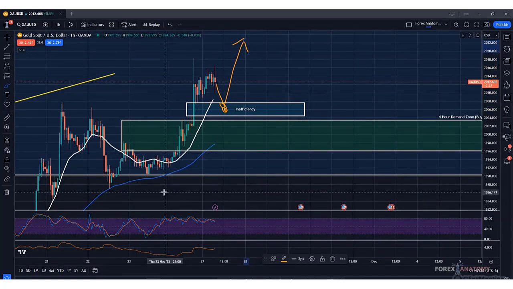The reason why I think it's going to be a shallow retracement is because we can see how steep the slope is of this 20 simple moving average, or 20-hour moving average. When it's really steep like this, then oftentimes you get a shallow retracement, just like the other times.